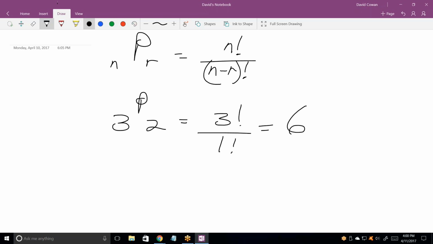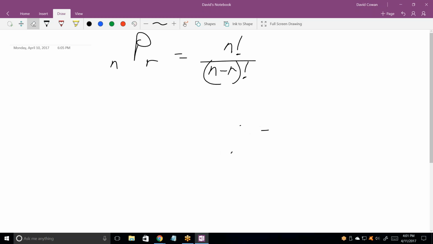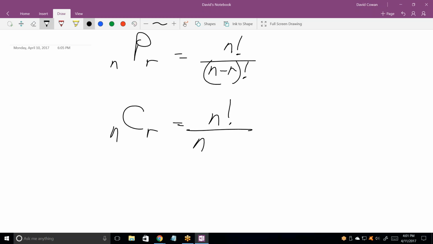Now let's talk about combinations, because they're a little different. N choose R starts out exactly the same, but then there's one more term, and it's R factorial.